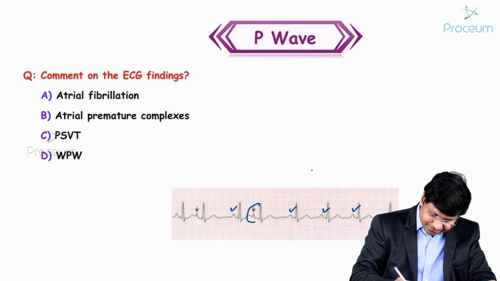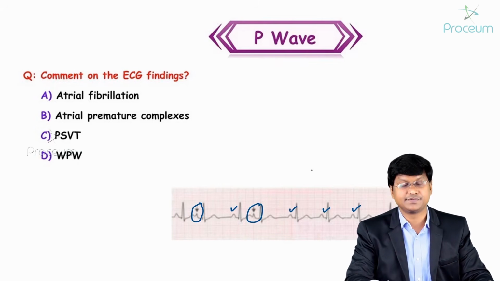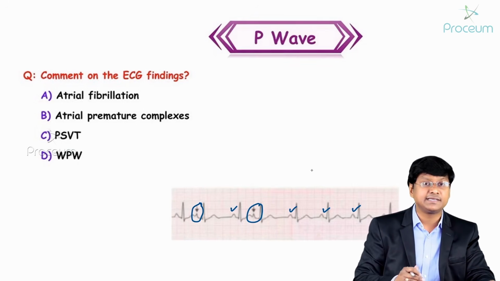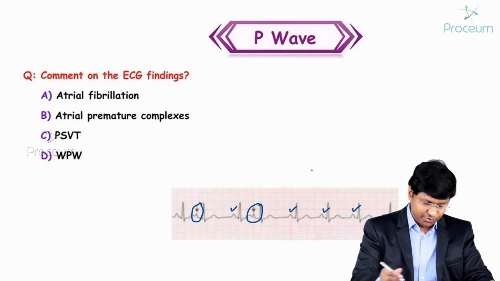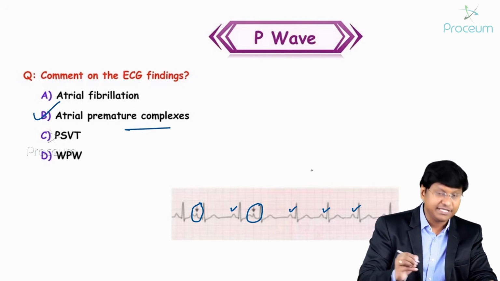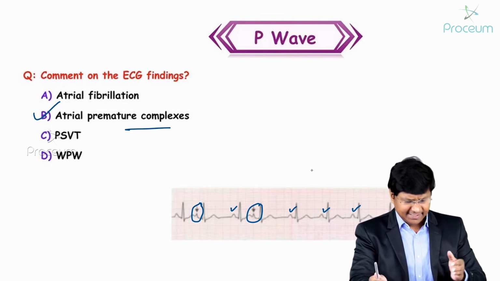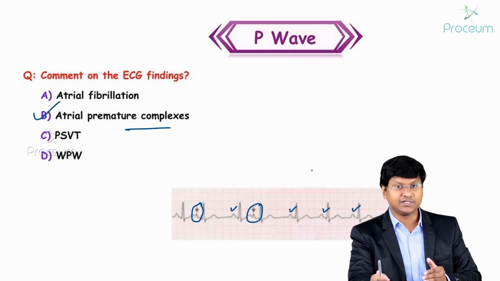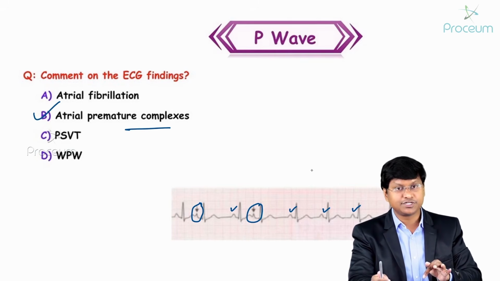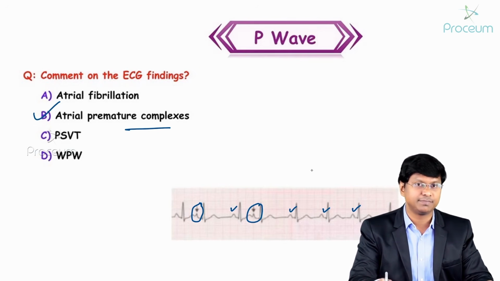But you see here, these two complexes have abnormal P waves, and these abnormal P waves are appearing earlier than the next normal complex. So it is an atrial premature complex. In the same way, I will show you the ECGs of the other options as well, but this option's ECG is suggestive of the atrial premature complex.